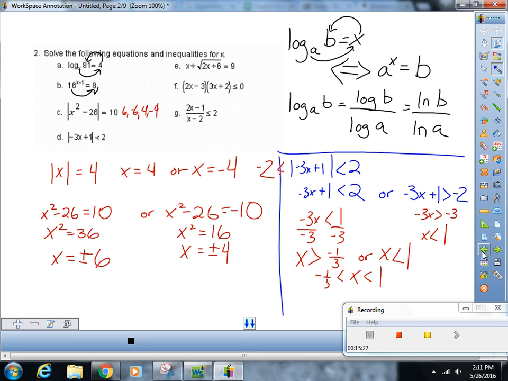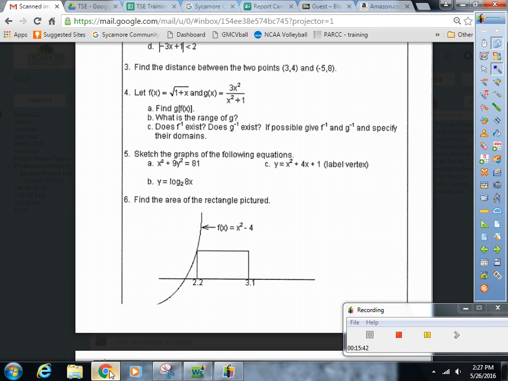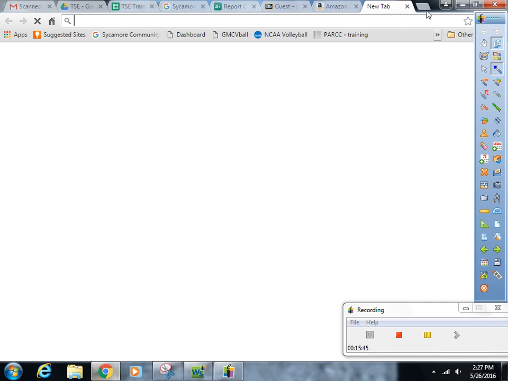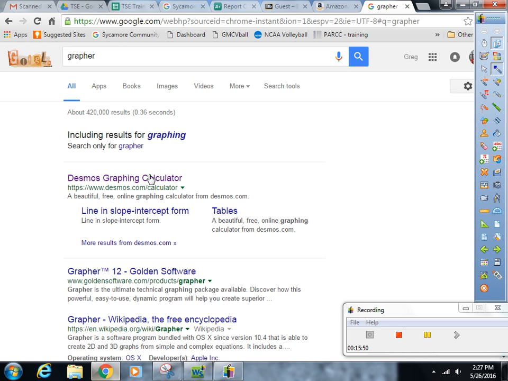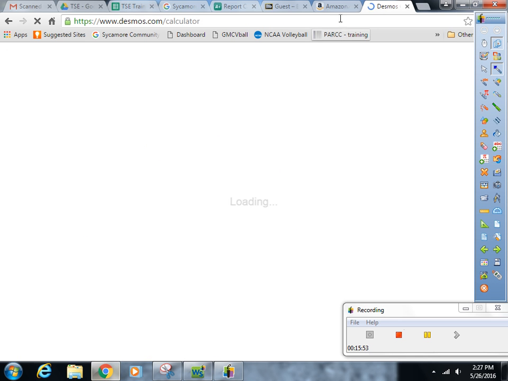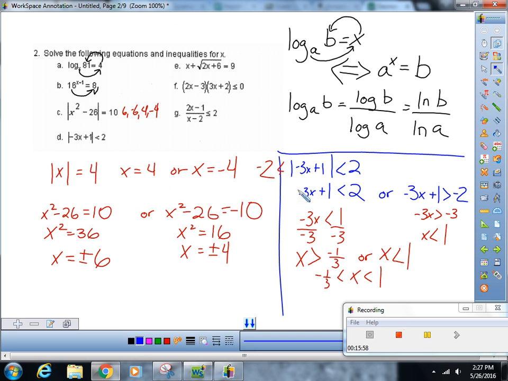All right, finally, G. Okay, for G, I've got to show you the answer to this one using a graphing tool. So you got 2x minus 1 over x minus 2 is less than or equal to 2. Okay, so look, you cannot solve this one because you have to multiply both sides by x minus 2.